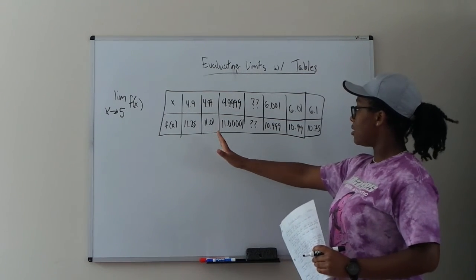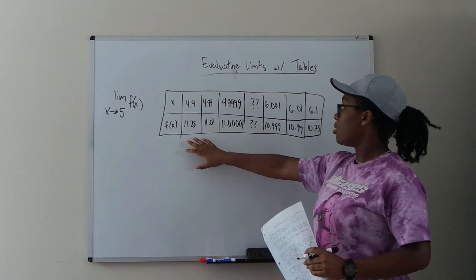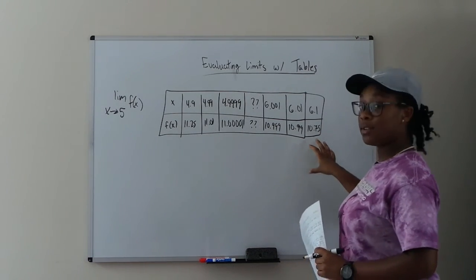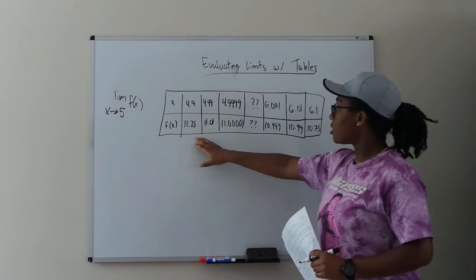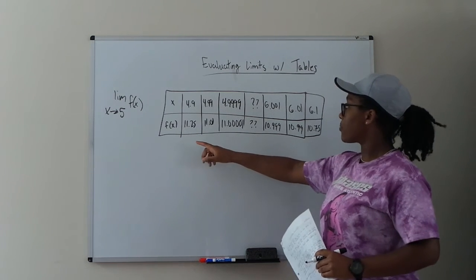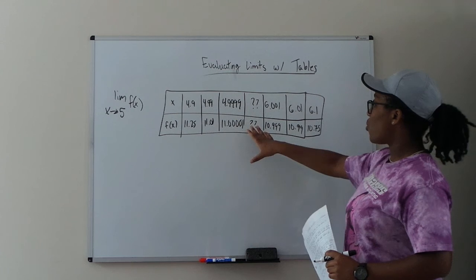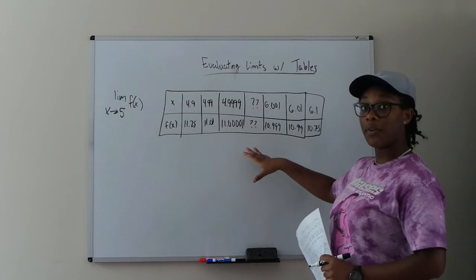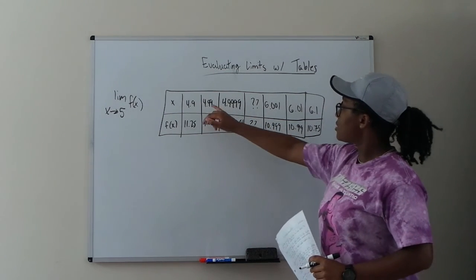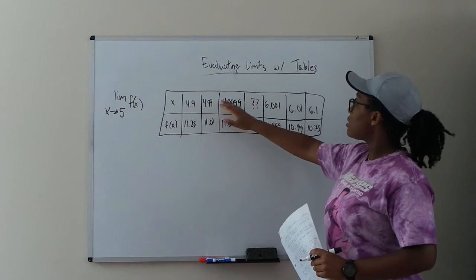The numbers are steadily decreasing. So we start at 11.25, we end at 10.75. And so when we're marching along these f of x values, it looks like it's getting really, really close to, but never quite ends up being, 11. It's the same thing when we're looking at the x values.